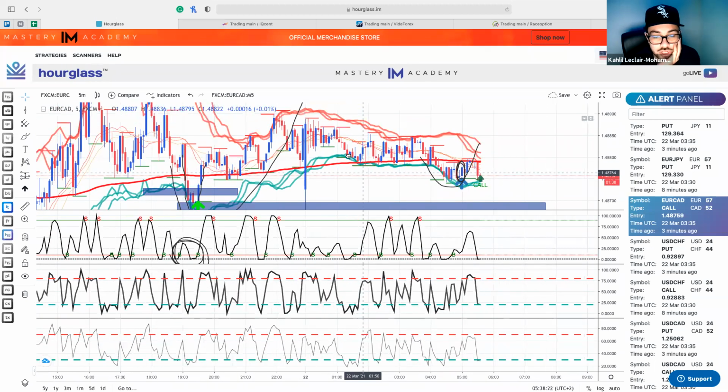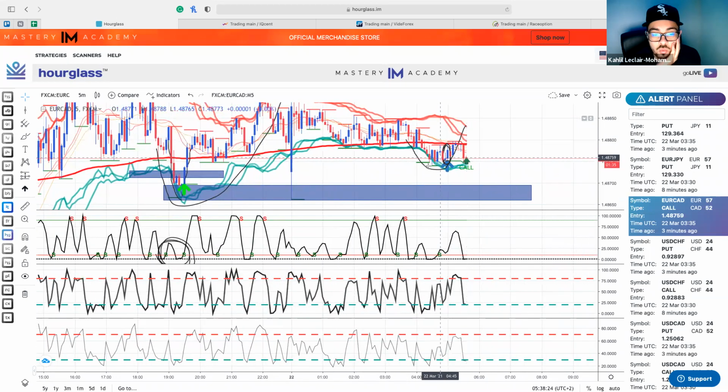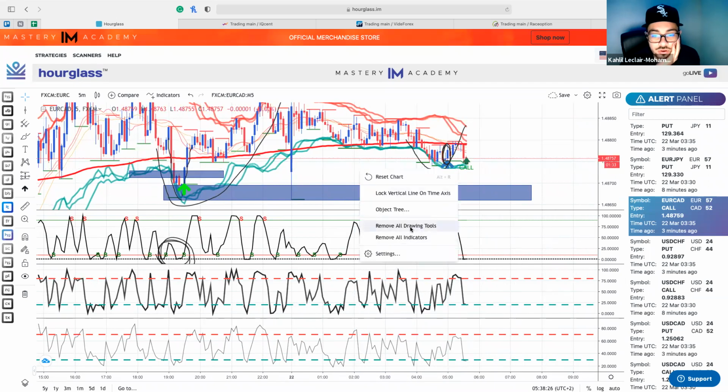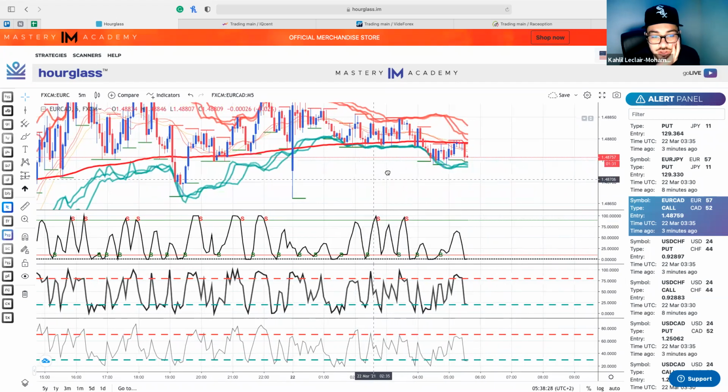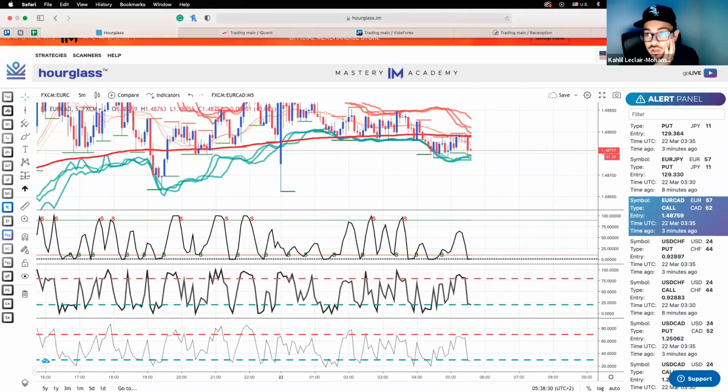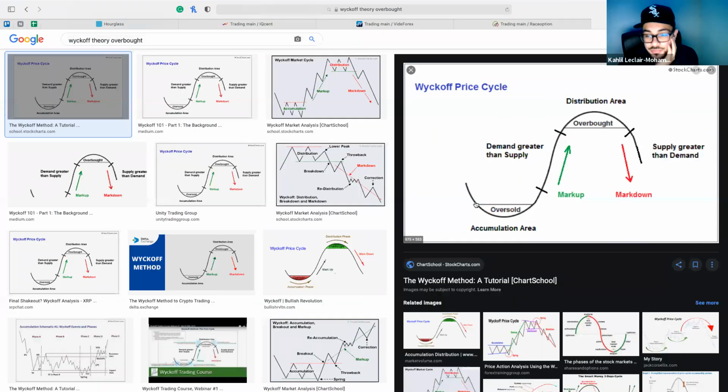Okay. So, what am I waiting for? Let me go ahead and remove the drawings. Okay. So, as you can see, when price is oversold, that means that you want to pay attention to that pair. It does not mean, okay, so write this down. If price is oversold or overbought, it does not mean that you want to take the trade.